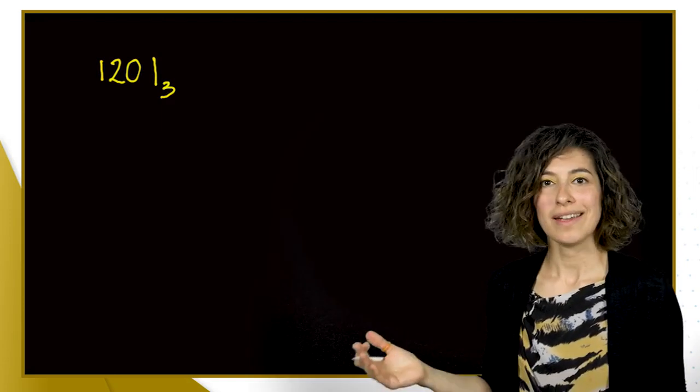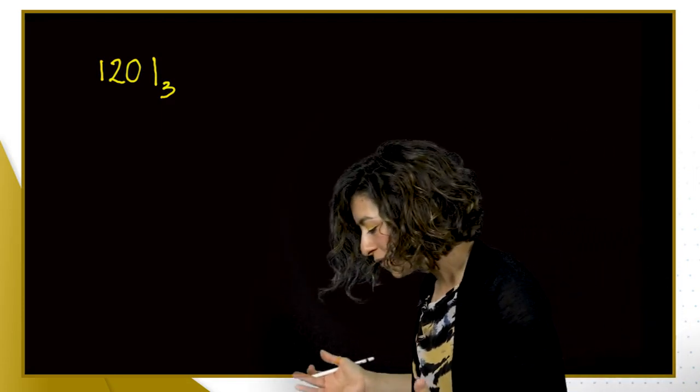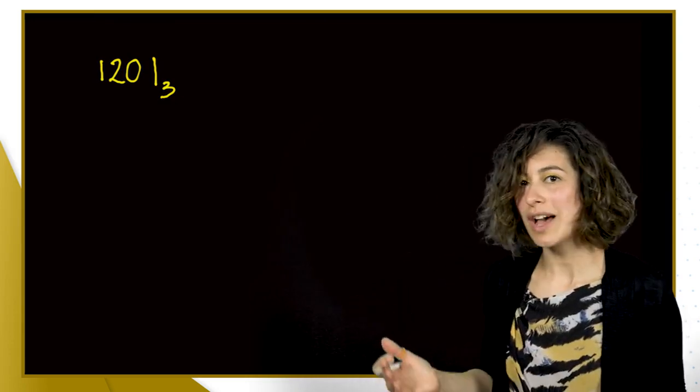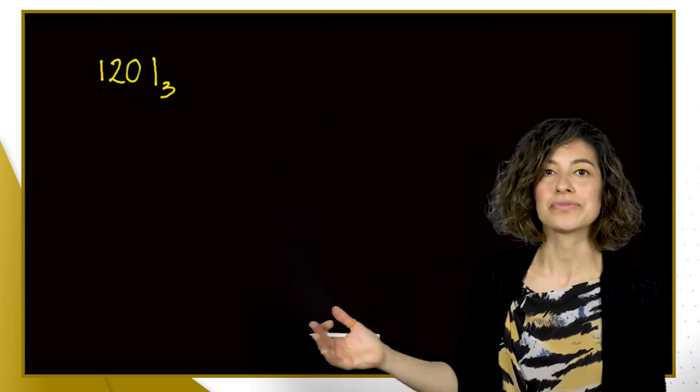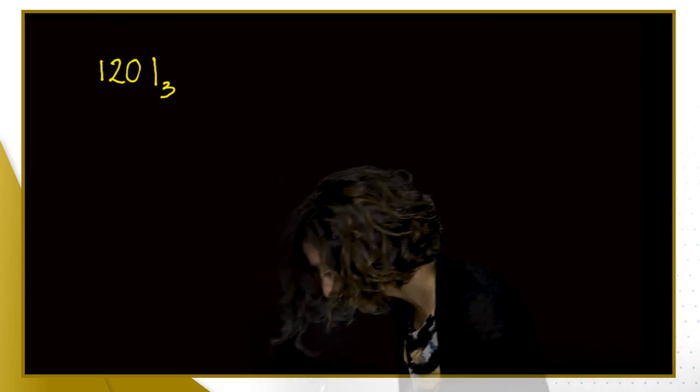Say we have 1201 in base 3. What is this number in decimal? Well, base 3 is going to use place values that are powers of 3, starting from 1. So we'll write those up as a reminder. I have 1, 3, 3 squared, which is 9, and 3 cubed, which is 27.